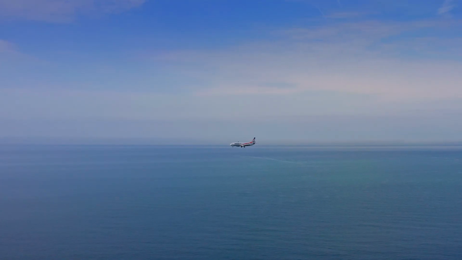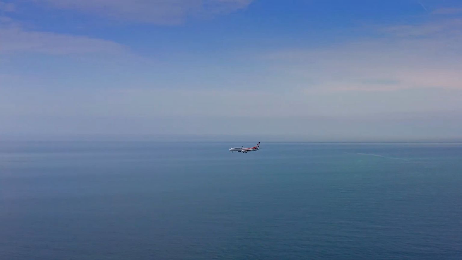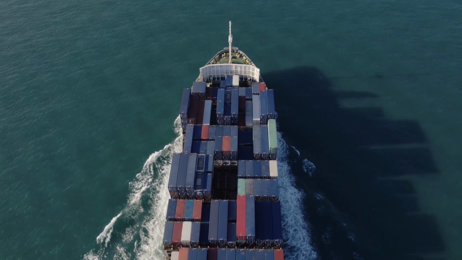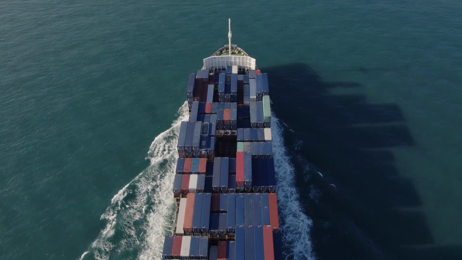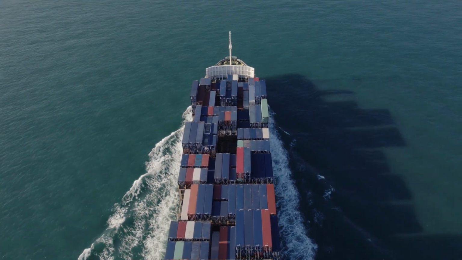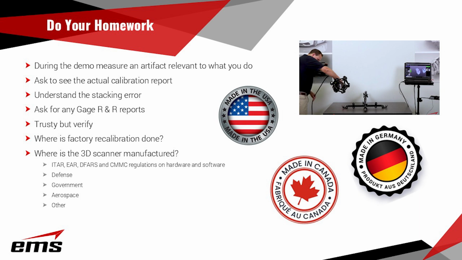Another thing, when you have to send it back for calibration, where is it going? How long is it going to take to get it back? So these are kind of just some things related to that. So once again, do your homework, trust but verify, take a good look before you spend a lot of money on equipment. Does it really meet the statements that a company is making about that equipment?